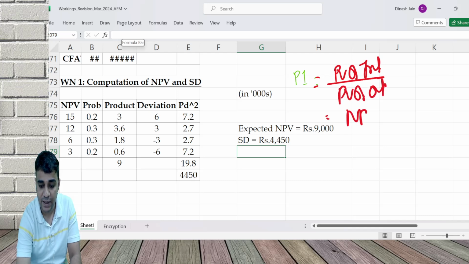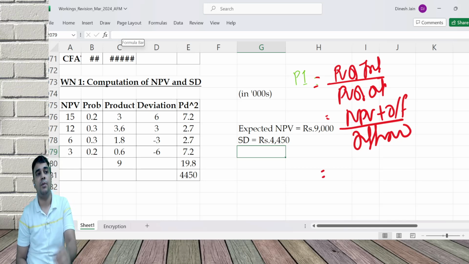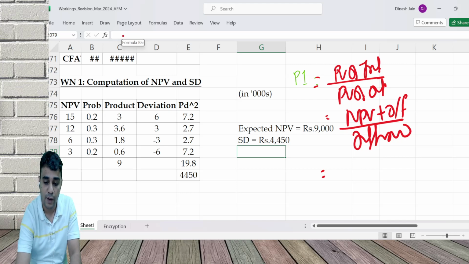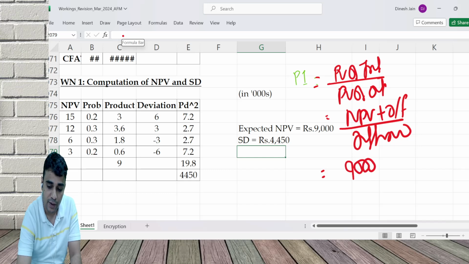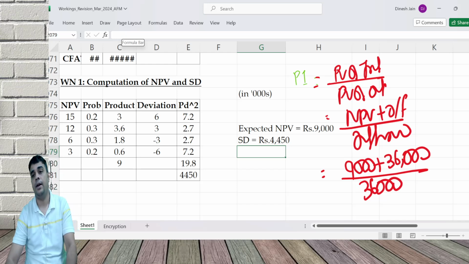Inflow is NPV plus outflow. I had told you this in the morning session: inflow is nothing but NPV plus the outflow. NPV is 9,000. What is the outflow given in the question for project A? Divided by 36,000. So 9,000 plus 36,000 divided by 36,000.